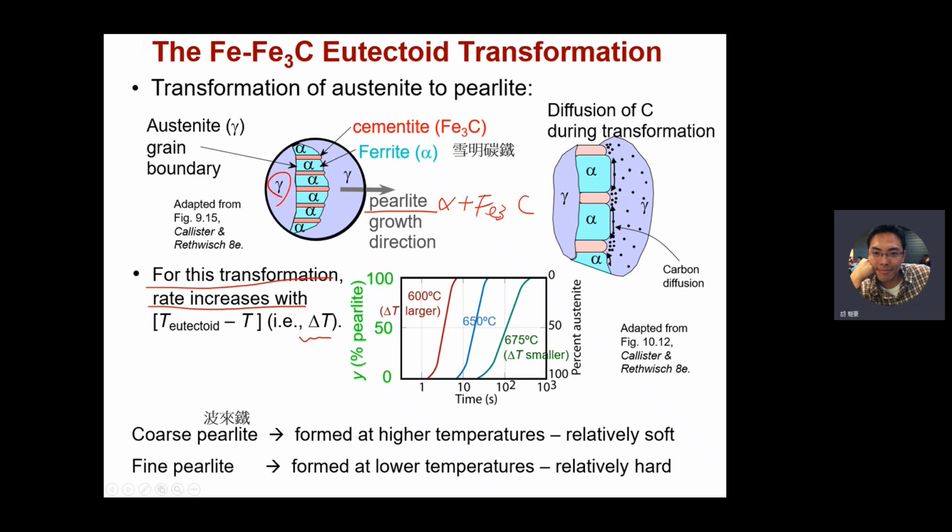The temperature of eutectoid minus the temperature that we're going to cool to, a lower temperature.